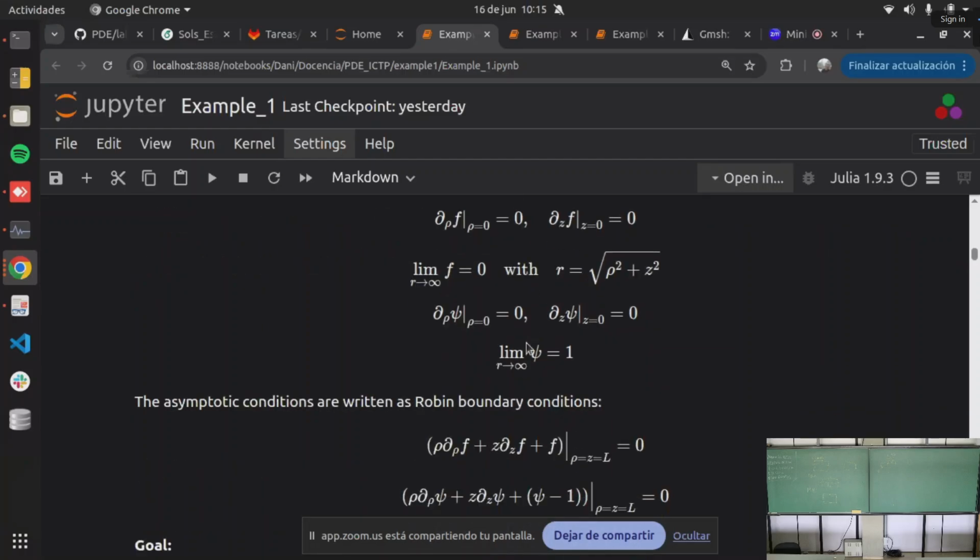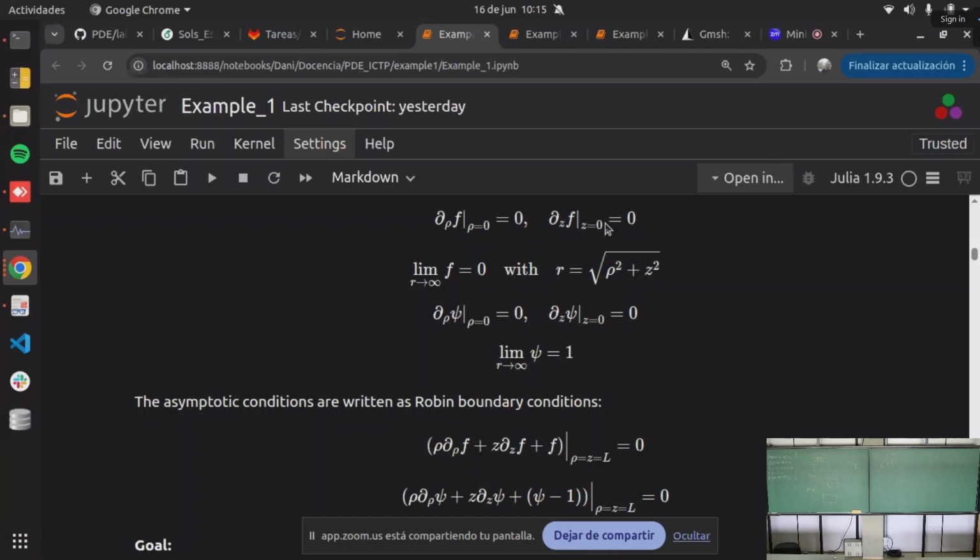The asymptotic conditions for F and C. Daniela, you say Dirichlet, but they are Neumann boundary conditions for the square. Yeah, sorry about that.